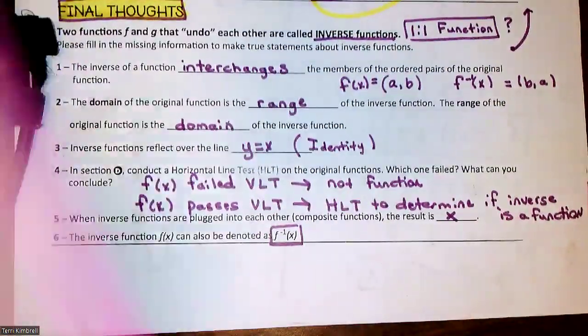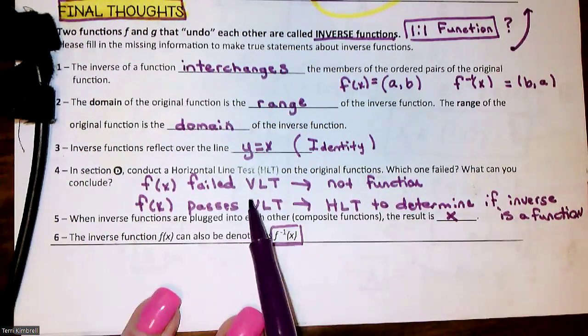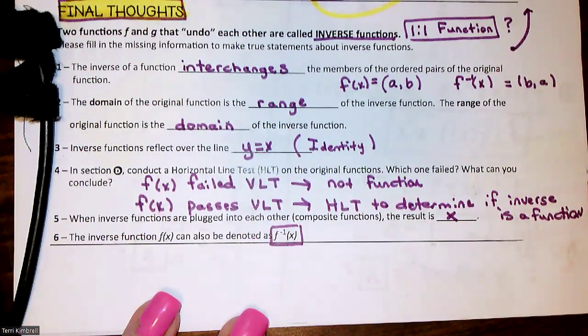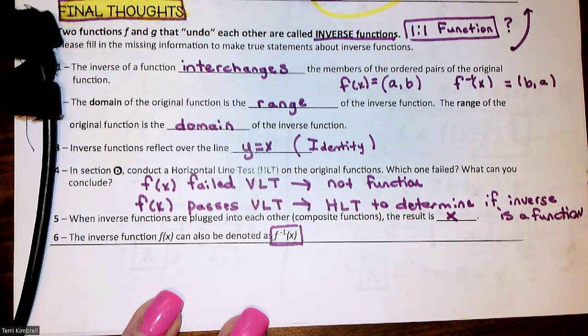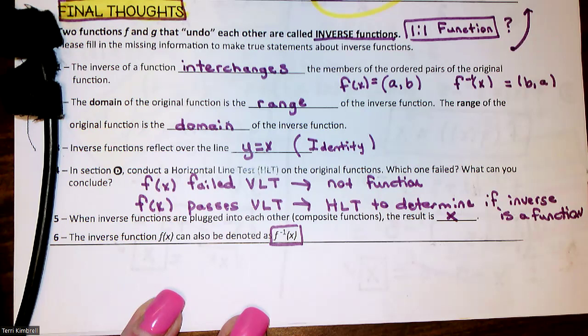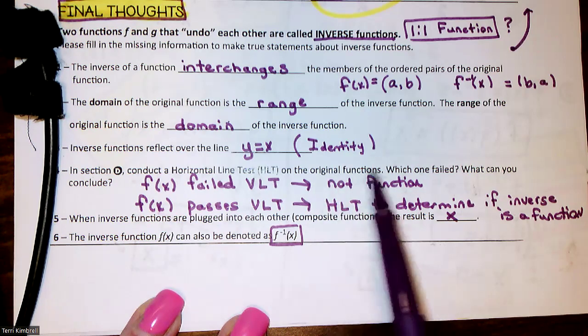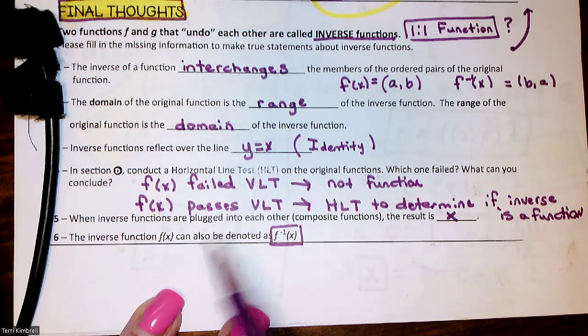Remember that the first thing you want to do is check to see if it passes the vertical line test. If it doesn't pass the vertical line test, it's not a function. If it does pass the vertical line test, then check the horizontal line test to determine if the inverse is a function. Remember, to be 1-to-1, it must pass the vertical and horizontal.